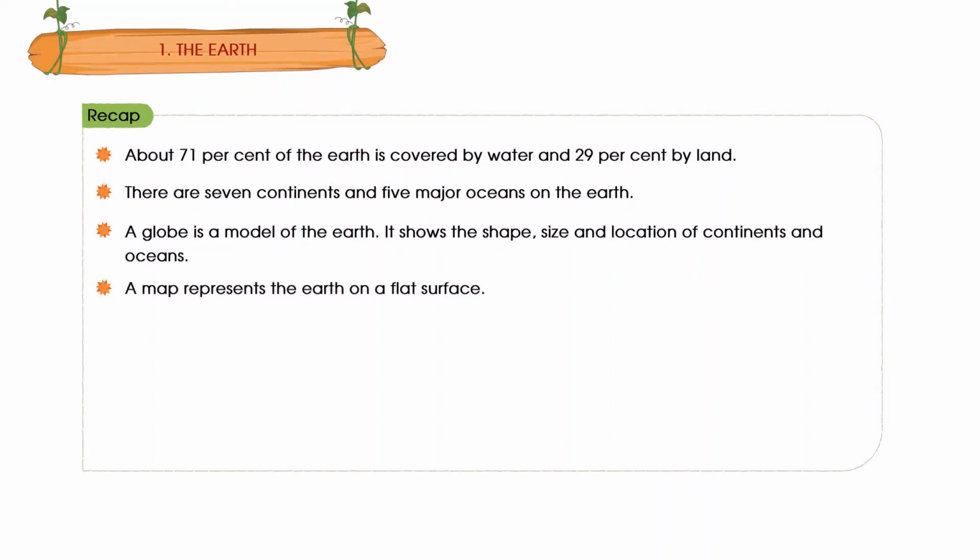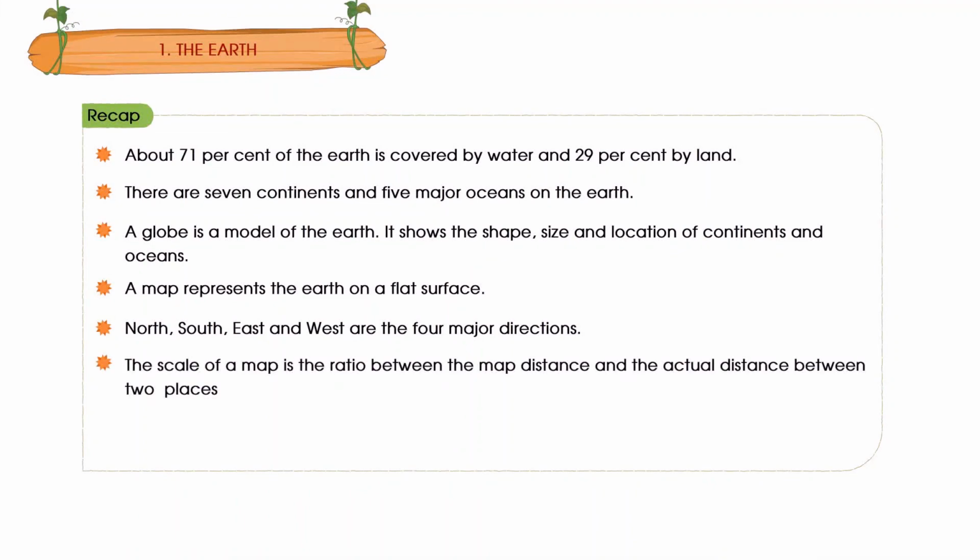A map represents the earth on a flat surface. North, south, east, and west are the 4 major directions. The scale of a map is the ratio between the map distance and the actual distance between two places. Signs, symbols, and colors are used to show different things on a map.